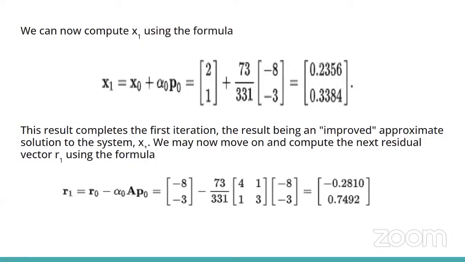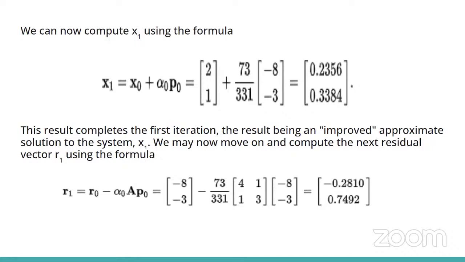So we are using x1 equals x0 plus alpha naught P0. Everything is just substituting. We know the value of our x0 as we had in the beginning, 2 and 1. We just recently got our alpha naught as 73 over 331, and then our P0 as minus 8 and minus 3.